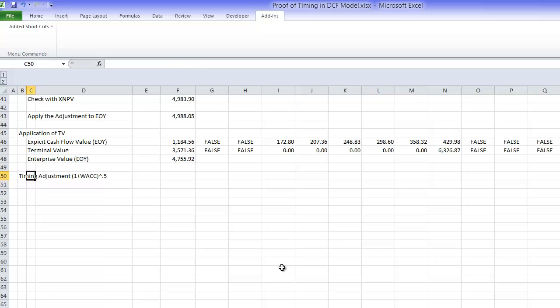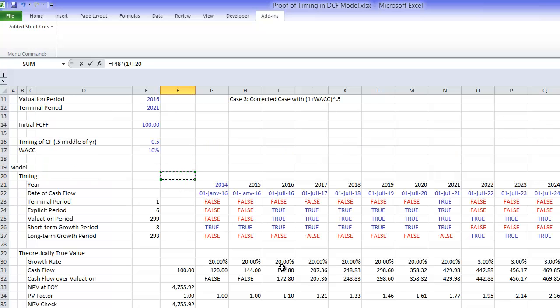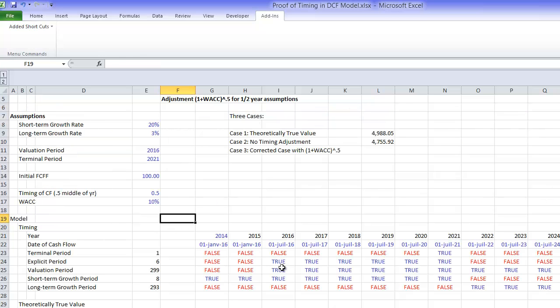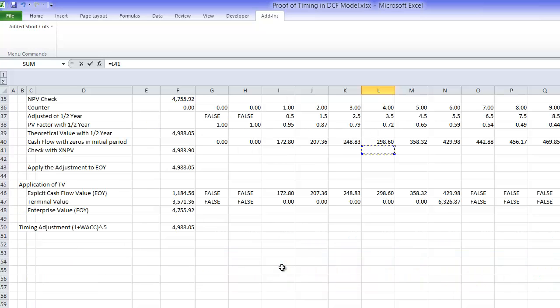So we simply take, if it's a half year, we could make it some other thing. Suppose if there was some sort of seasonality, we could somehow adjust that 0.5 and get all theoretical about it. So here's our correct value.